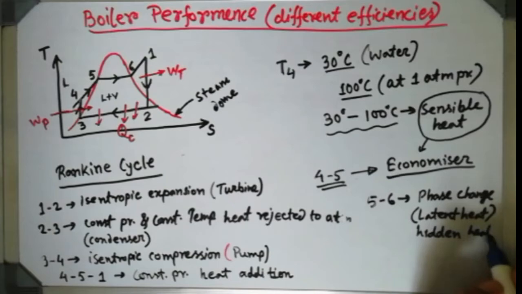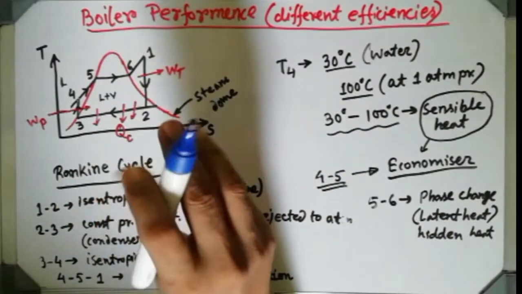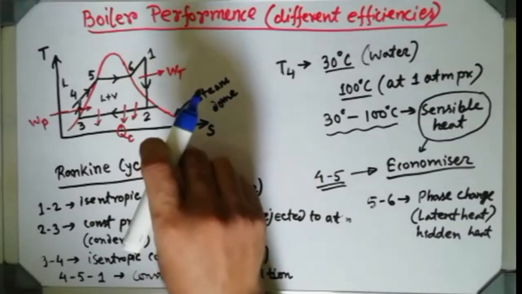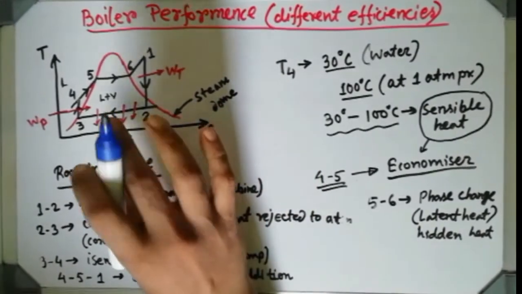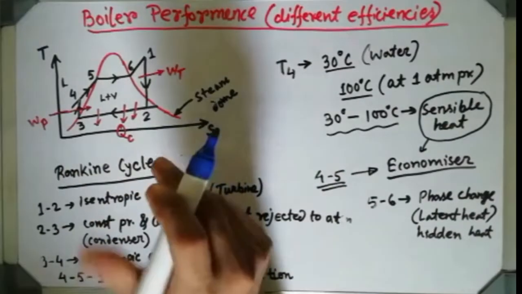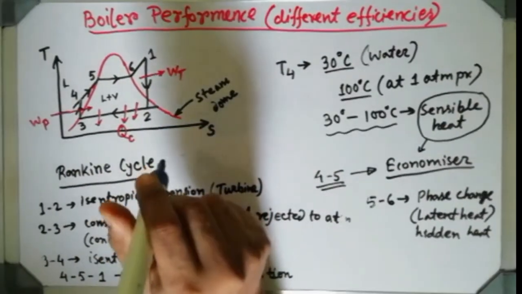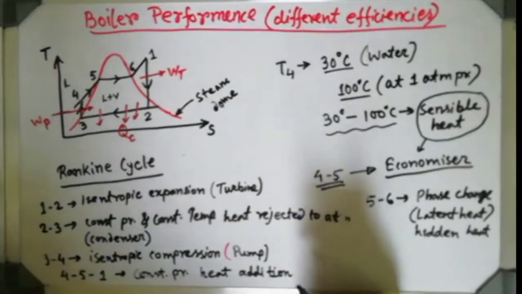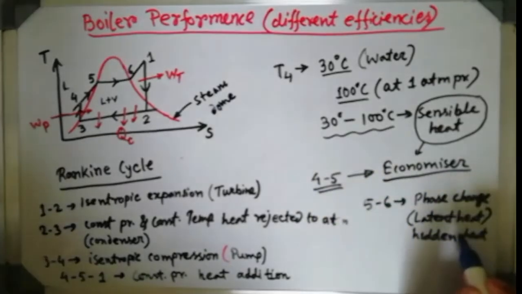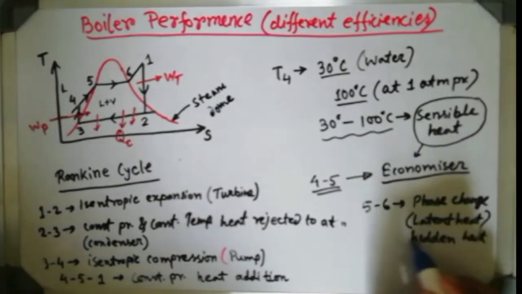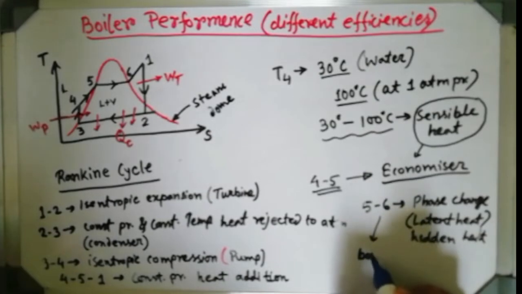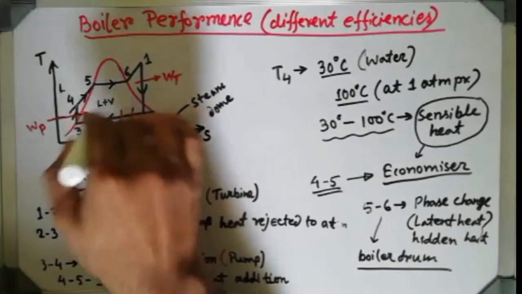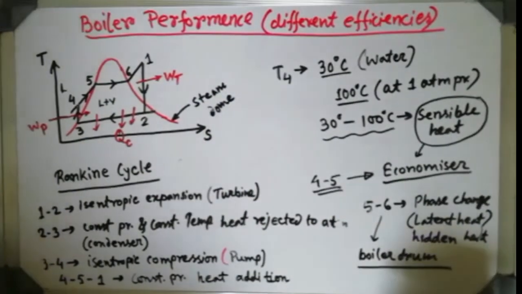The temperature remains constant, you are supplying heat but the temperature is constant, which means the heat is hidden. The complete heat is utilized to break the molecular bonding. That's why the phase change occurs from liquid to the gaseous state, and that's why it is known as latent heat. And that process occurs inside the boiler drum. Inside the boiler drum, that 5 to 6 process is executed.